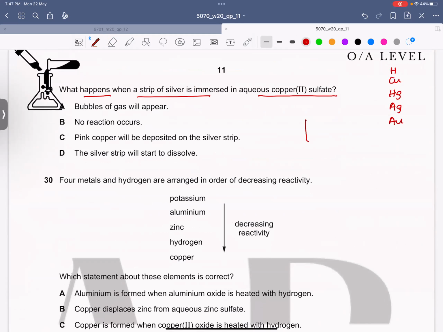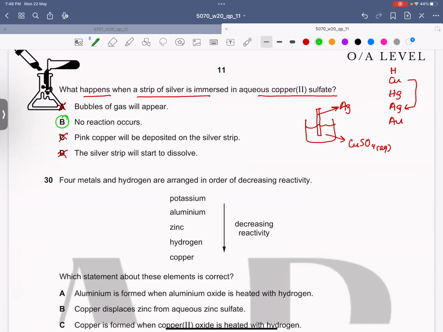So if I have a container containing aqueous copper 2 sulfate, that is CuSO4 aqueous, and in that solution I am putting a strip of silver. So silver is below, so there would be no reaction. So A, C, and D go wrong, and B is your correct answer.